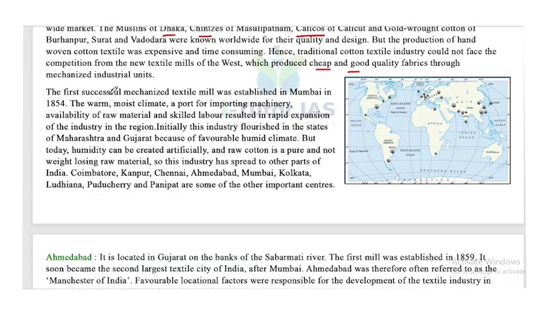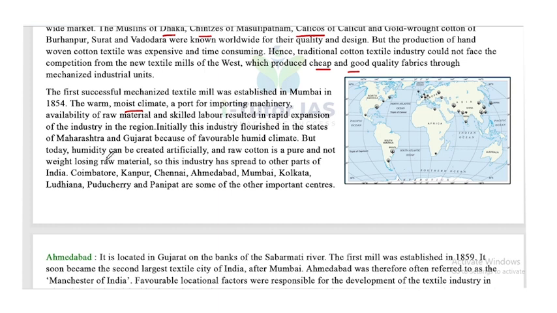The first successful mechanized textile mill was established in Mumbai in 1854. The warm, moist climate, a port for importing machinery, availability of raw material and skilled labor resulted in rapid expansion of the industry in this region. Initially, this industry flourished in the states of Maharashtra and Gujarat because of favorable humid climate.